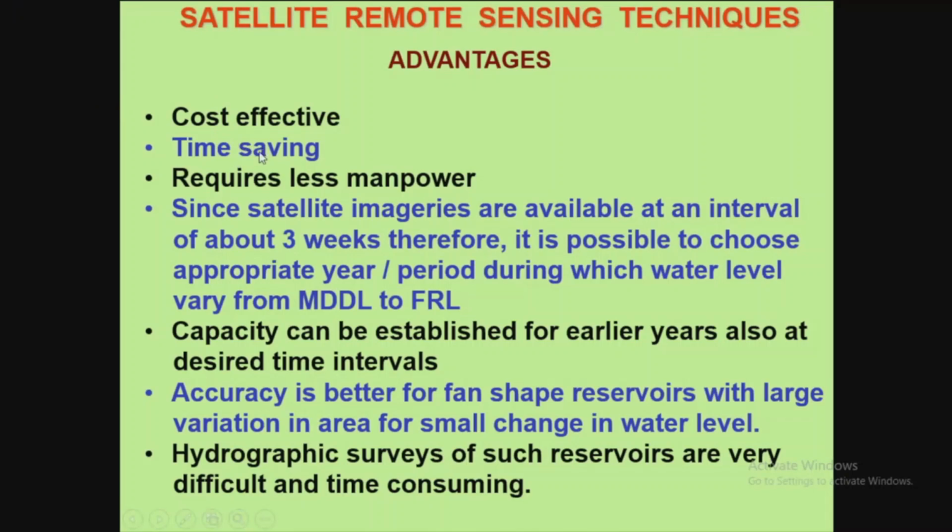For a hydrographic survey, you need to give 2 to 3 years to complete the survey, and even then it may not be very accurate at some channels where you cannot go. You do not know whether it is part of the channel or not. So you get stuck sometimes in a hydrographic survey. This is time saving.